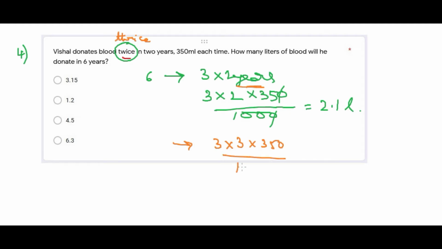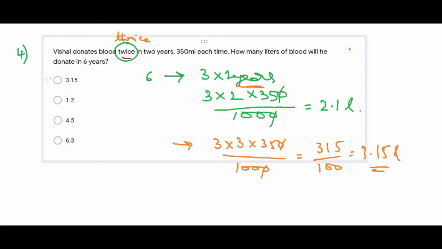So it will be 3 into 3, 9 into 35 by 100. 9 fives are 45, 9 threes are 27, plus 4 is 31, so 315 by 100. The answer would be 3.15 liters.